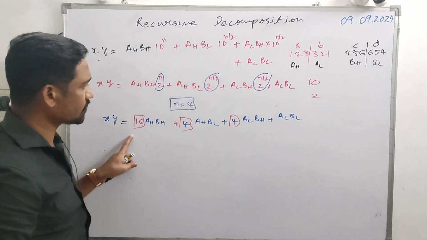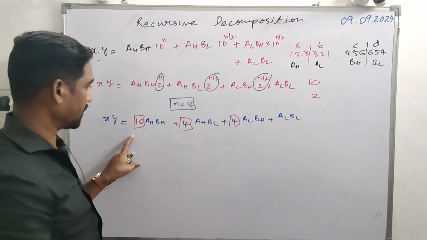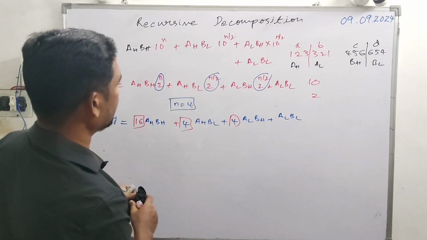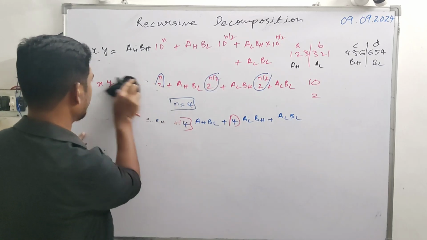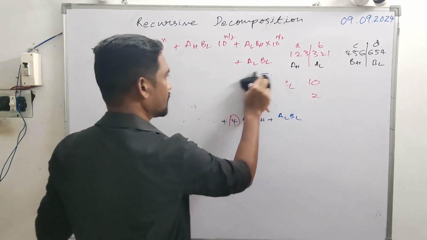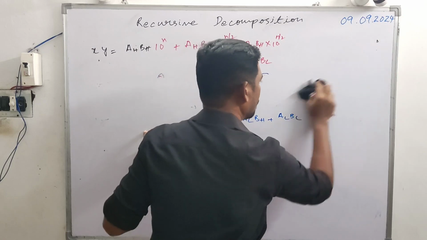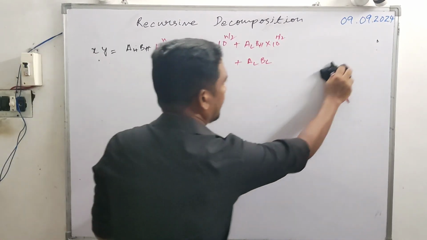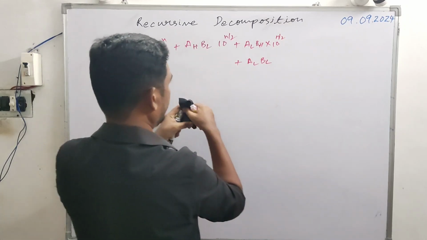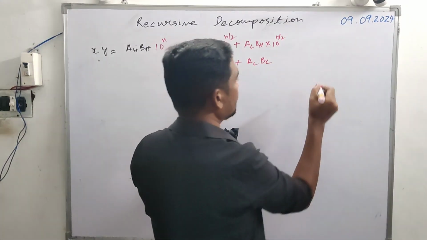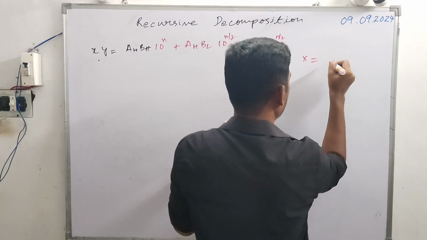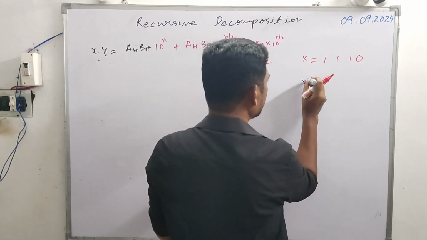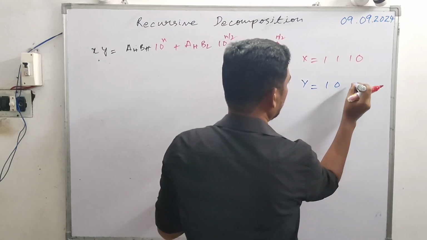A small working example from the reference paper I have taken. Considering two binary numbers, with this very expression, they have considered x equal to 1 1 1 0 and another number 1 0 1 1.